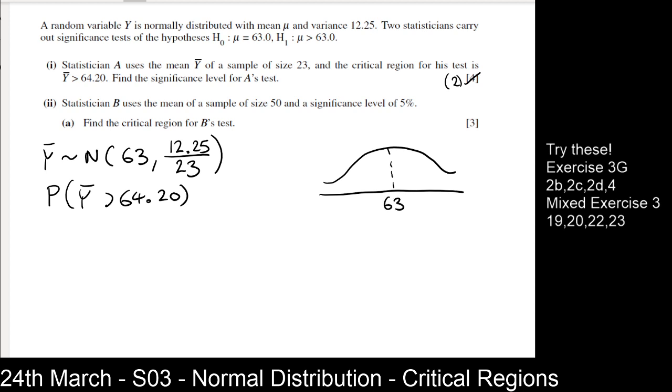If I've got a mean of 63 and the statistician is rejecting the null hypothesis if the sample mean is greater than 64.2, we need to find the probability of finding a value greater than 64.2. That percentage, or that decimal, will be our significance level, because that's where we're going to reject. That's the chance that we've wrongly rejected the null hypothesis.